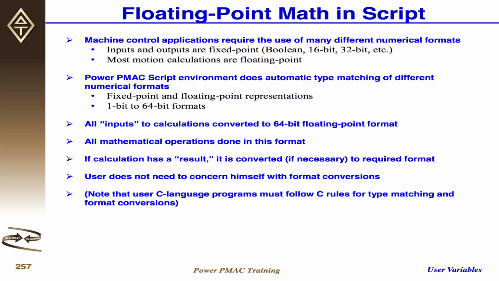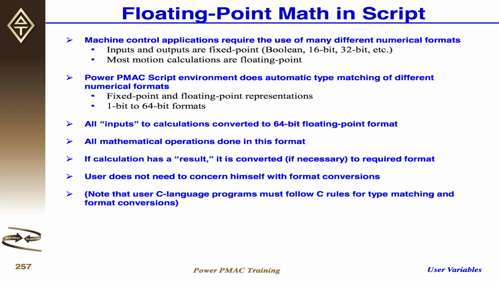If you define an output as a double, for instance, and then set a long equation equal to the double, it will automatically convert the value into whatever the type of the result is. If you define a result as an integer and then do a whole long equation and set that equal to that integer variable, it will automatically convert the result into an integer for you. You basically don't need to worry about format conversions yourself.